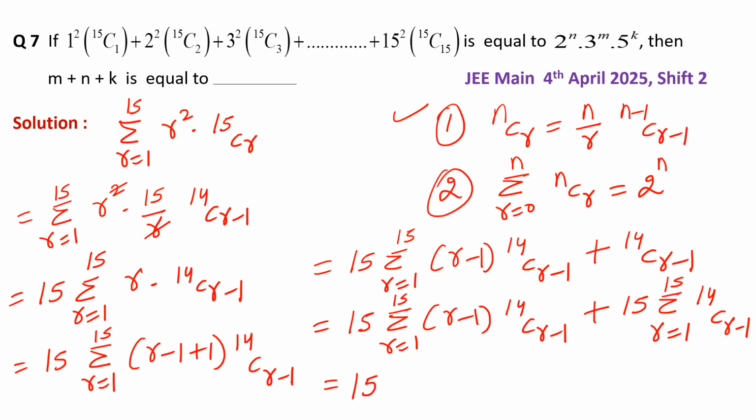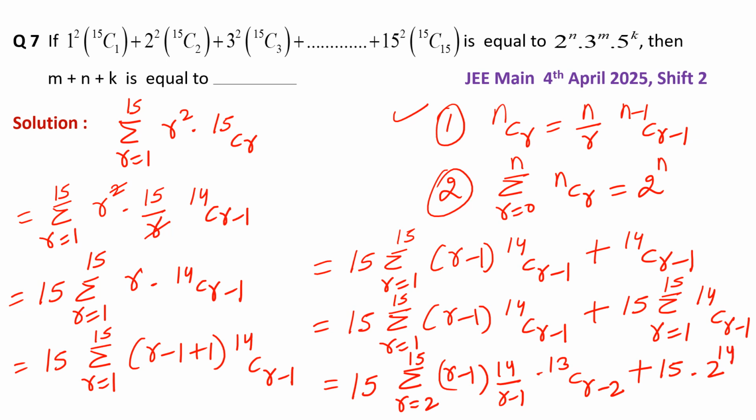So now it becomes 15 times summation r varying from 2 to 15 of (r minus 1) into 14 upon (r minus 1) into 13C(r minus 2). And now students, the second summation becomes 15 into just 2 to the power 14.